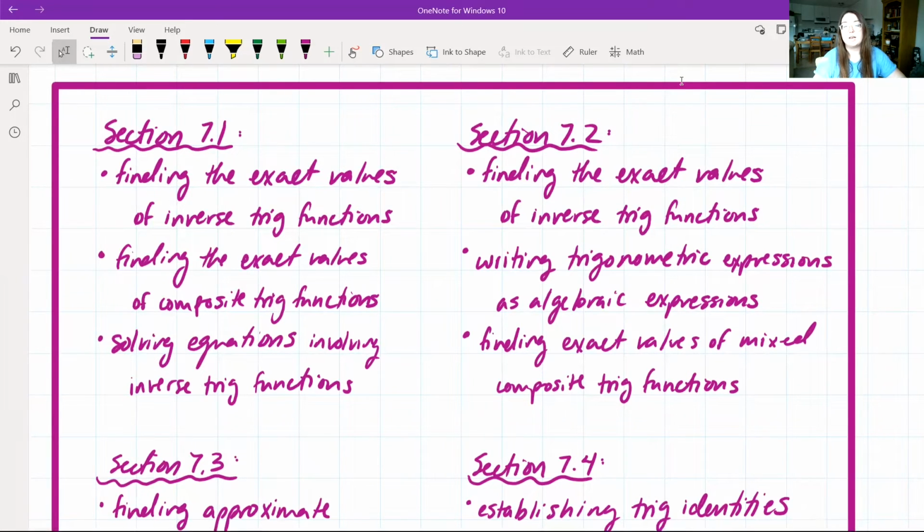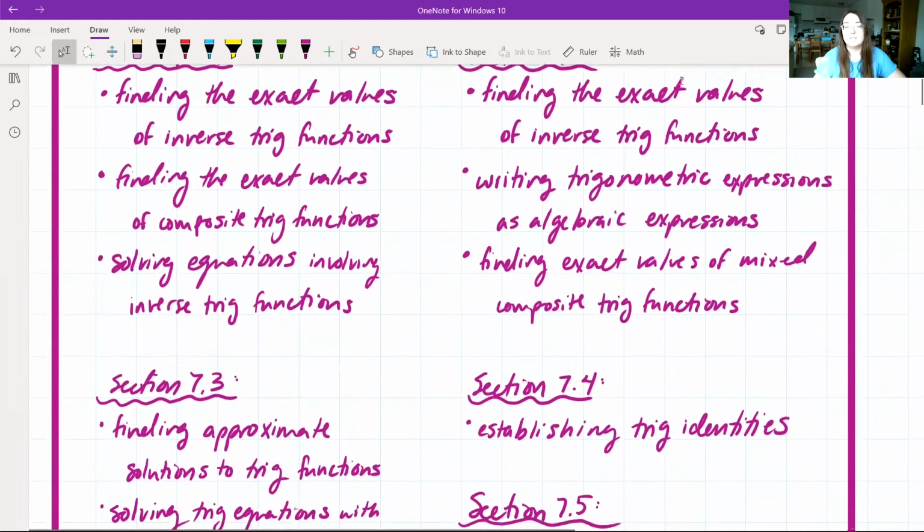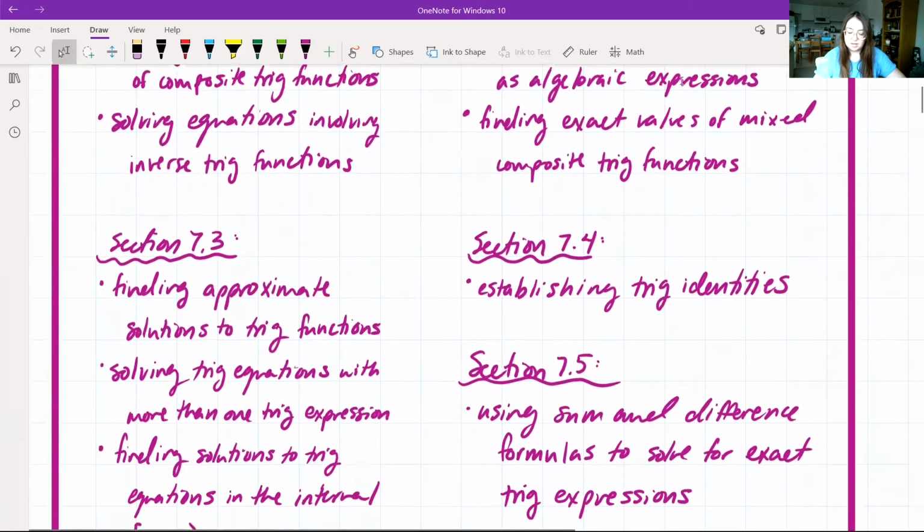So remember, that's taking our trig functions, rewriting them into their algebraic forms, most often going to be of one variable, maybe some other numbers as well. Then finding exact values of mixed composite trig functions as well. So that's still going to be with your composite trig functions. They are just varied, so you can have a mixture of them.